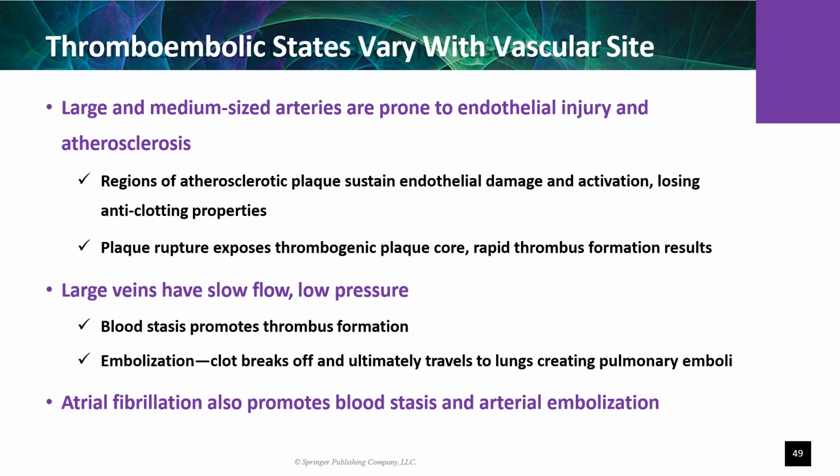Venous thromboemboli can break off from their formation site and travel through the right side of the heart into the pulmonary vasculature to cause a pulmonary embolism or multiple pulmonary emboli.